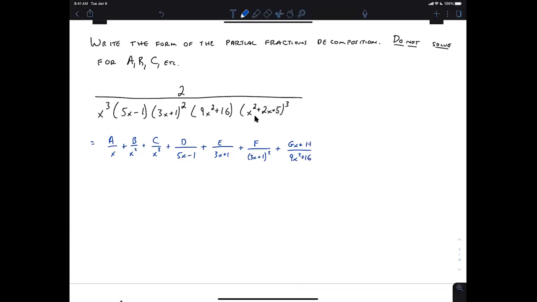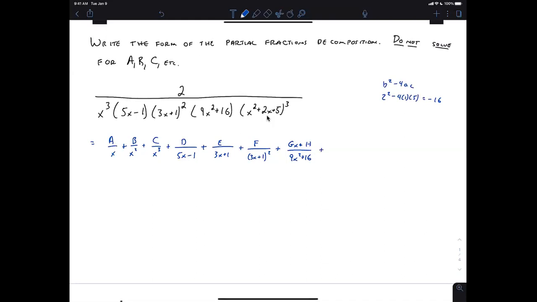For x squared plus 2x plus 5, we need to make sure that that's an irreducible quadratic, but it is. The way we make sure of that is we check the discriminant of the quadratic formula, so b squared minus 4ac. Here that's 2 squared minus 4 times 1 times 5, which is negative 16. Because that's negative, we know it's irreducible.